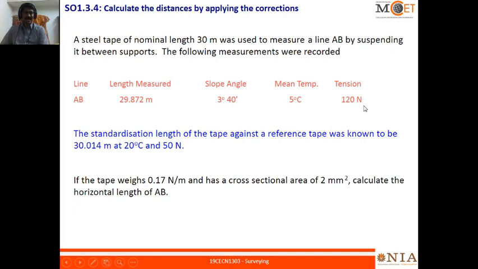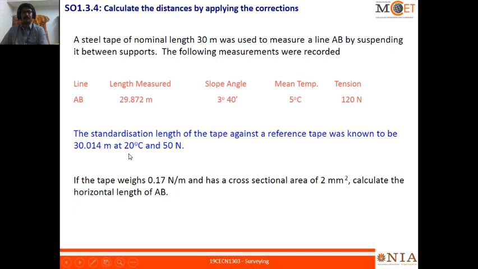But what was the standard length, what was the standard pull, what was the standard temperature while manufacturing the tape or chain? The standardization length of the tape against a reference tape was known to be, the used tape itself, 30.014 meter at 20 degrees centigrade.